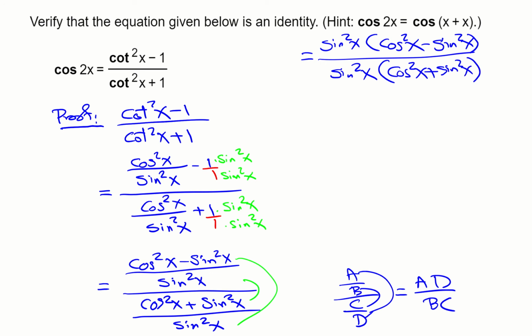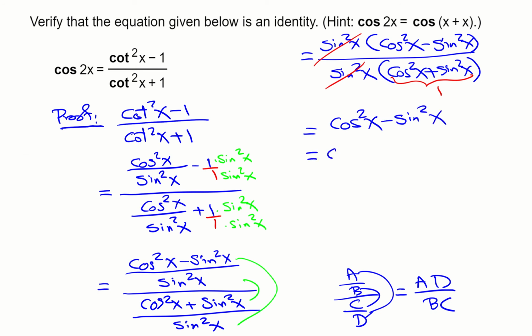Now we know that this expression here is 1, and we also know that the sine squares can cancel out. So basically we end up with cosine squared x minus sine squared x.